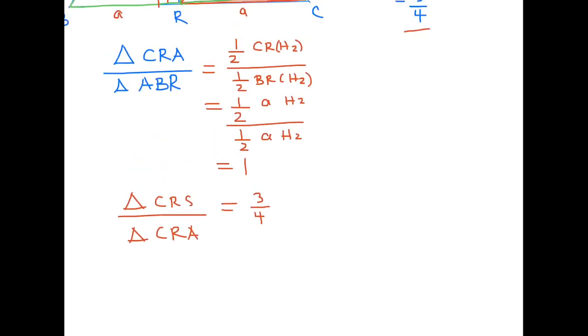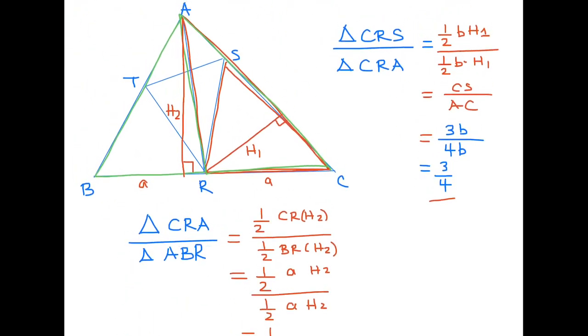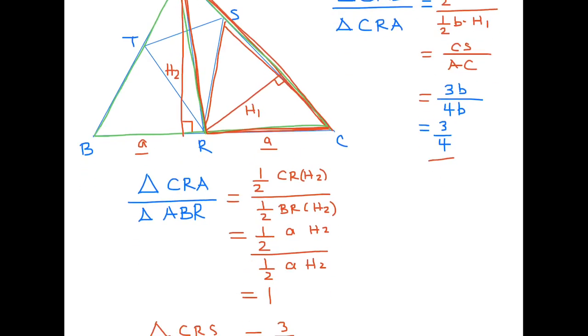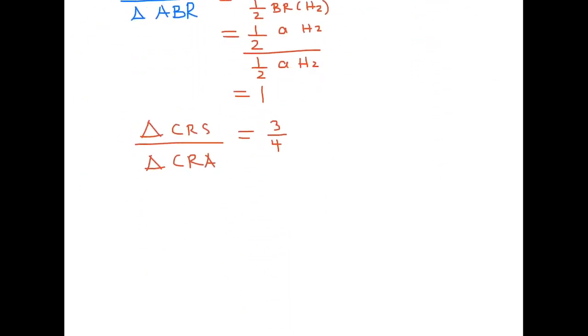And if you notice, CRA, which is this triangle right here, is essentially half of the total ABC, because this is A and this is A. So therefore, we can put CRA as half of ABC, like that.